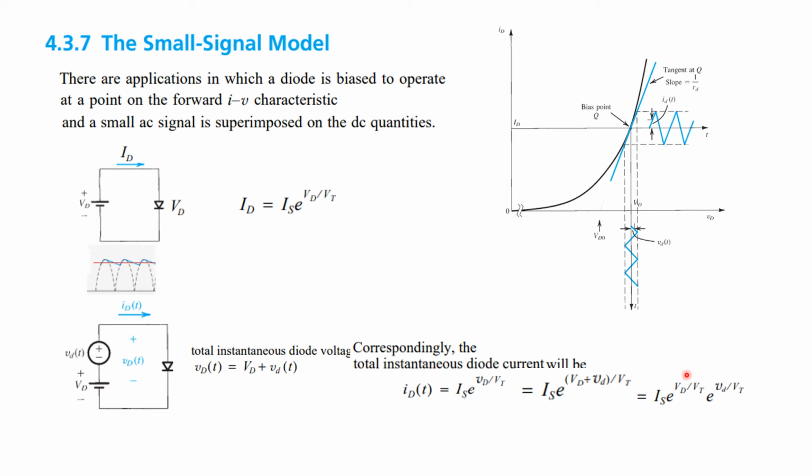And now if you look, this term here is ID, so we can replace this by capital ID. So iD instantaneous, or iAC-DC, is equal to IDC e raised to the power vAC over VT.